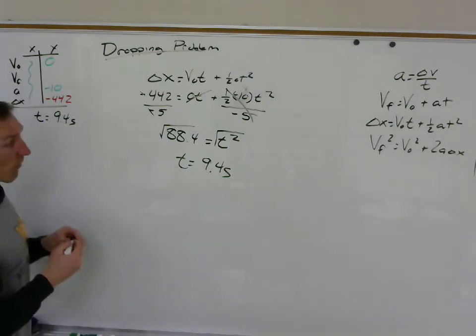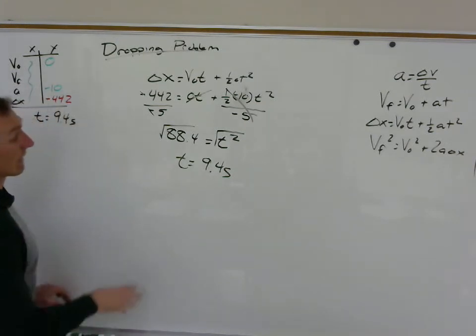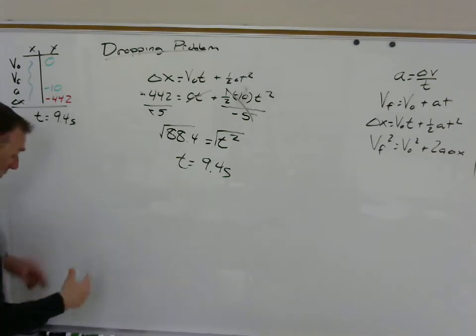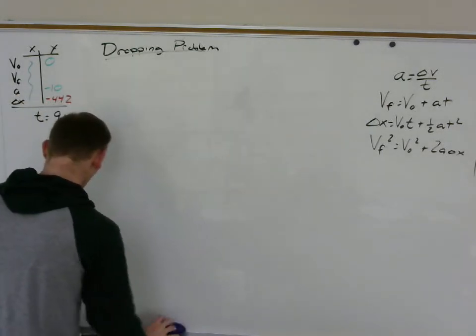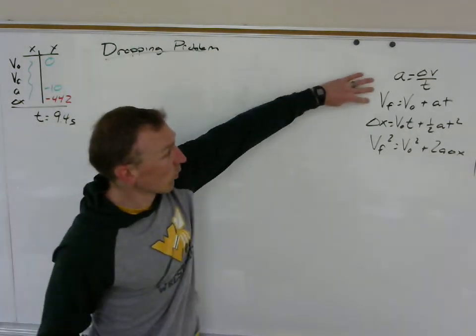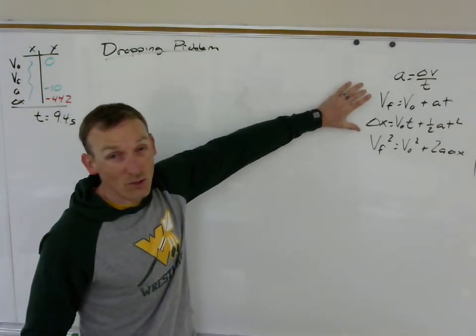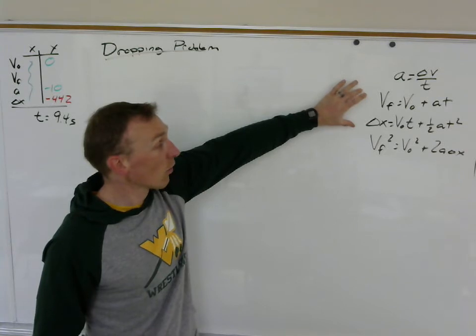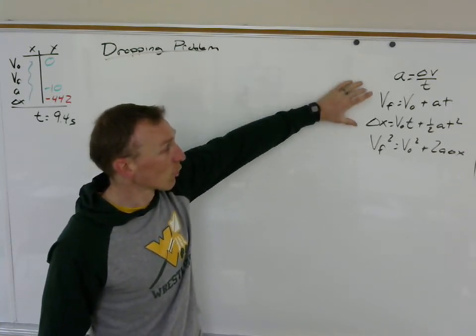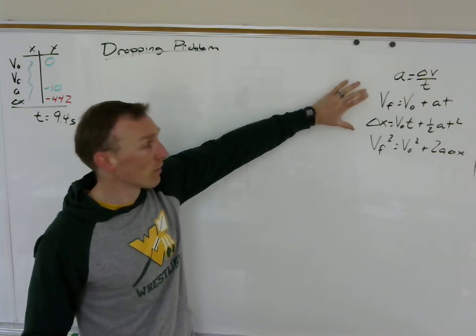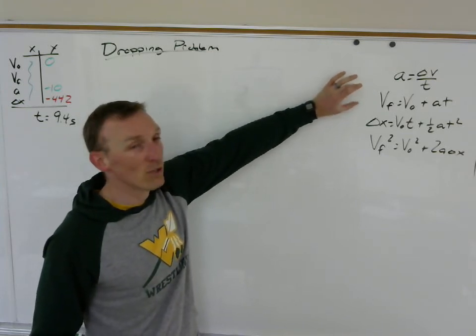All right, so now I can take that information and help me to solve the final velocity. So now this equation, and a lot of times you're going to use these two in most of your problems. Not always. Sometimes we need to use this one to find final velocity. But for the most part, these are the main ones we're going to use. Where people get hung up is that they use the wrong values in here.